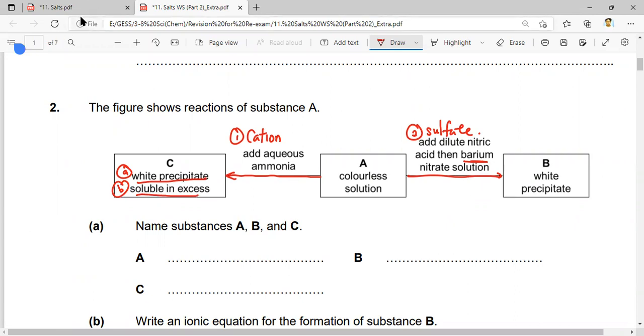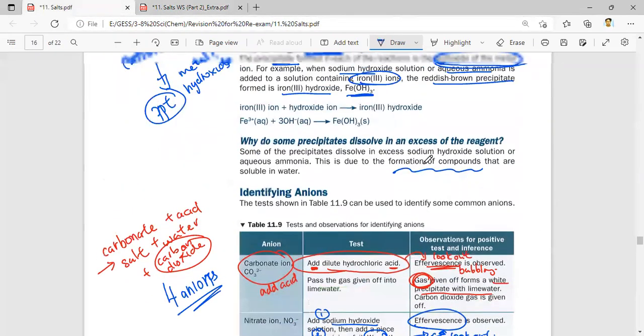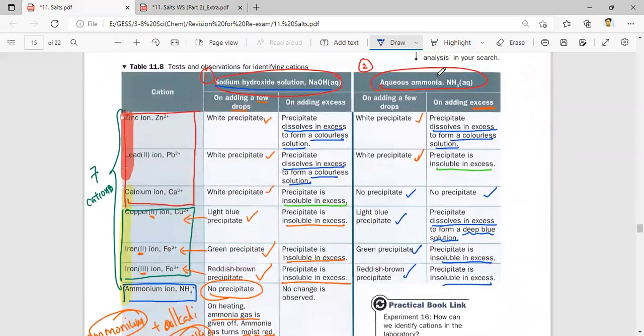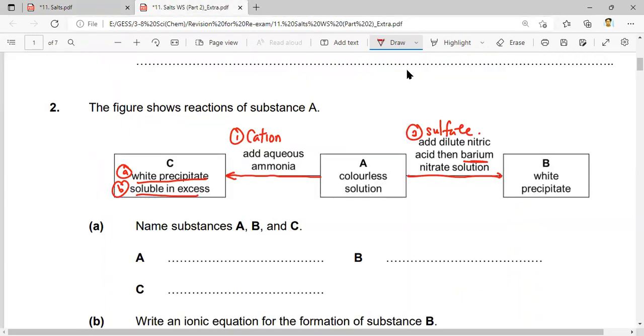So let's go back to our table over here. Aqueous ammonia. A white precipitate forms, so I know it's either zinc or lead. It dissolves in excess. The only one that can dissolve in excess over here is zinc. So if I go back to this worksheet, I know that C will be zinc hydroxide.